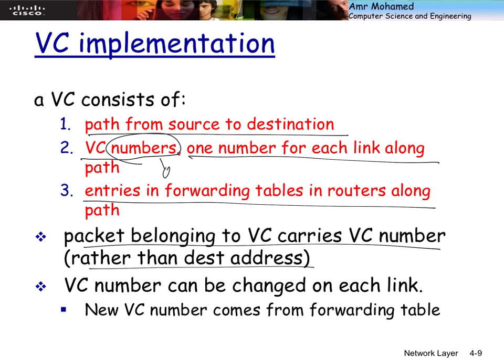So when the packet comes through a router, the router has to change the virtual circuit number in the packet every time. That's again a difference between datagrams and virtual circuits, because in datagrams we didn't have to change the destination address. It remains in the packet end to end.